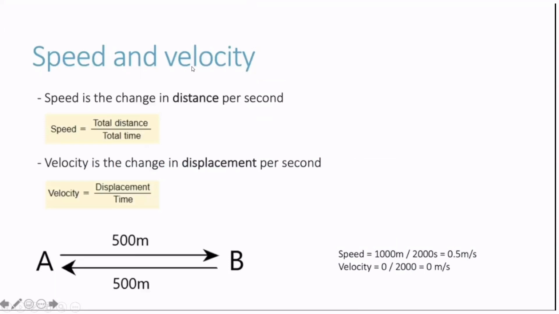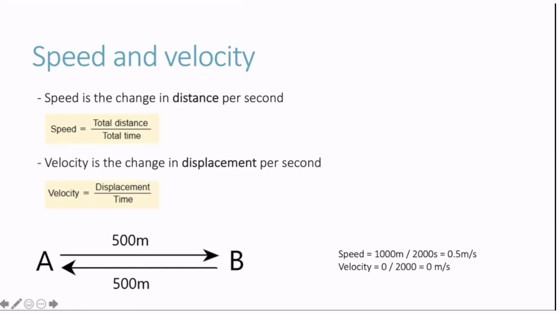Now, coming to our main part, speed and velocity. So, speed is the change in distance per second. And let me tell you, it is completely different from velocity, as velocity is the change in displacement per second.